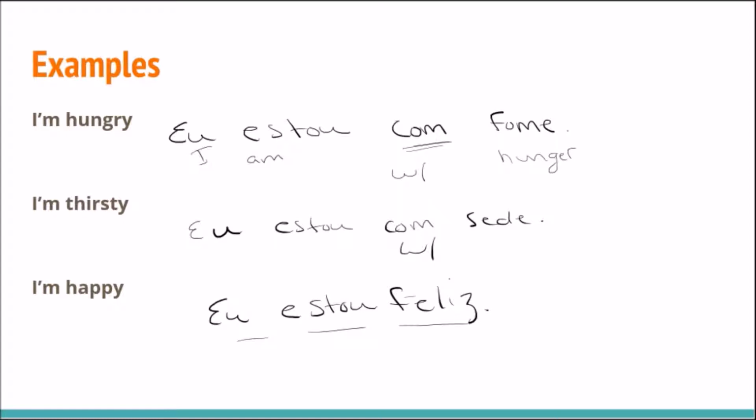However, in the cases of hunger and thirst, for example, you just have to add the with. So, just to review, the majority of the time it is pronoun, conjugated estar, adjective, or pronoun, conjugated estar, com, and then how you feel. Pretty simple, so let's move on.